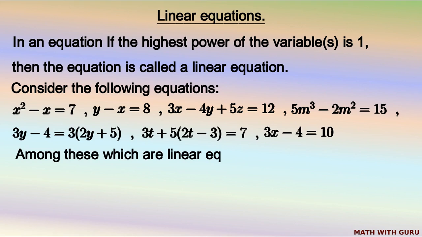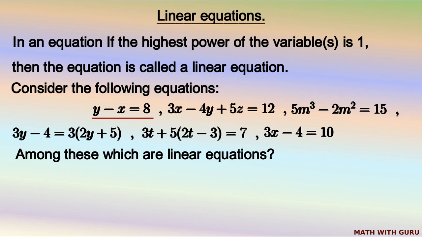Among these, which are the linear equations? What about the first one? Here, the highest power of the variable is 2. Therefore, this is not a linear equation. What about the second one? Here, the highest power is 1.